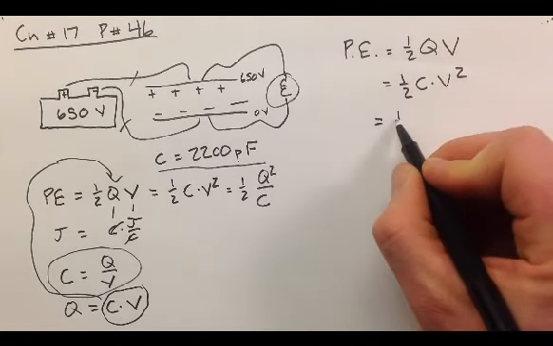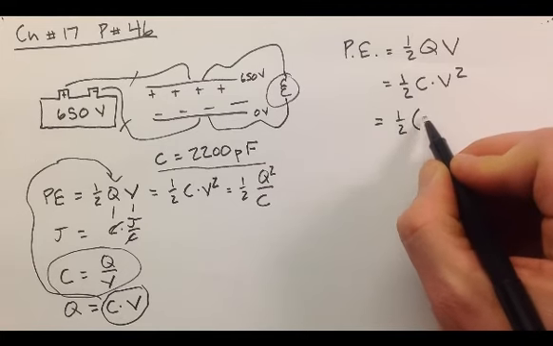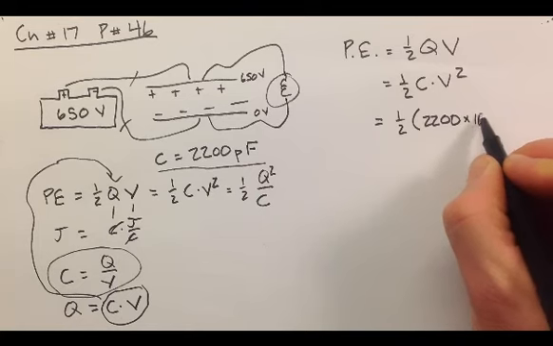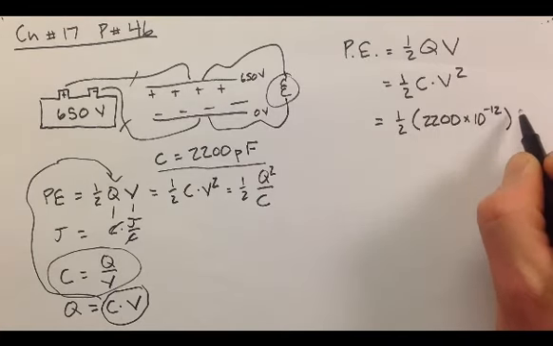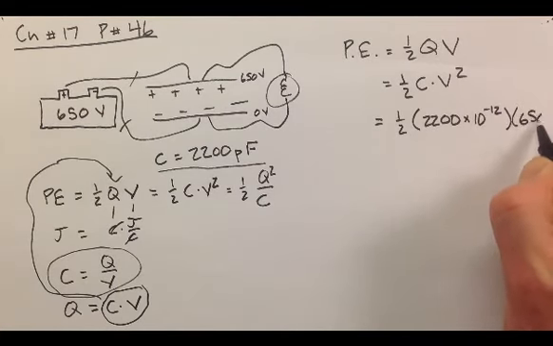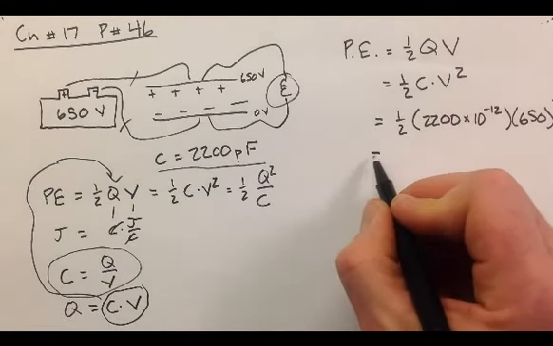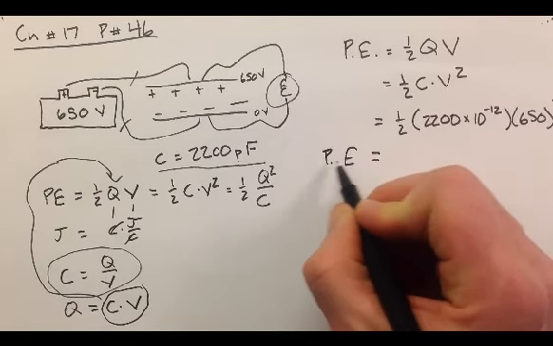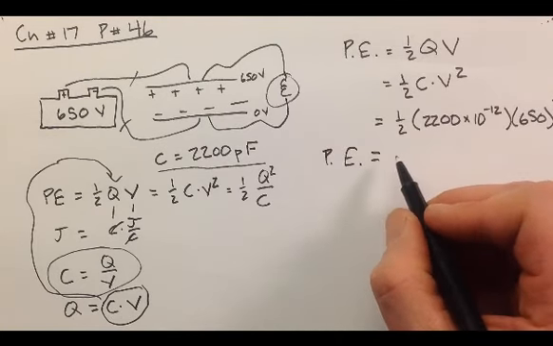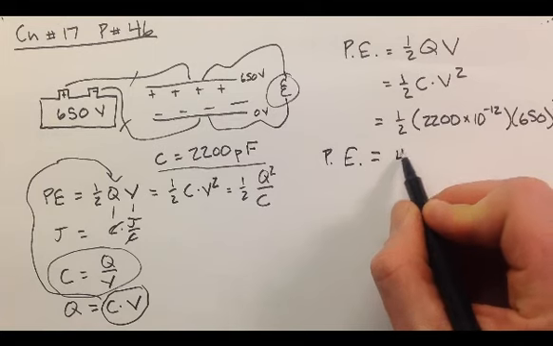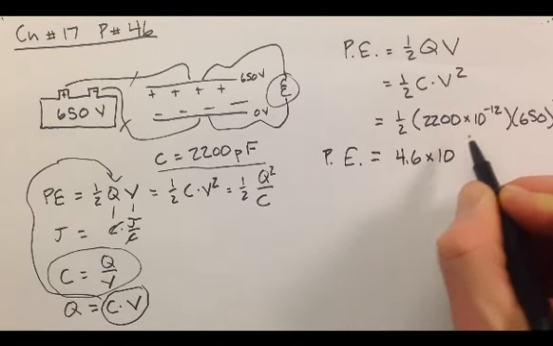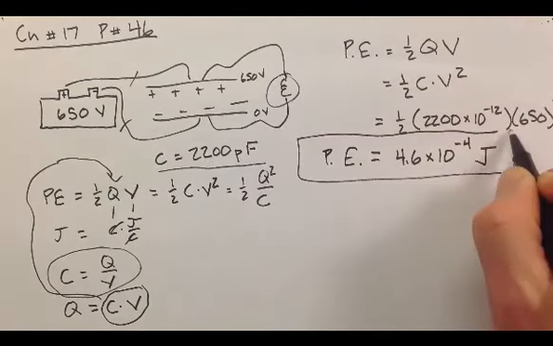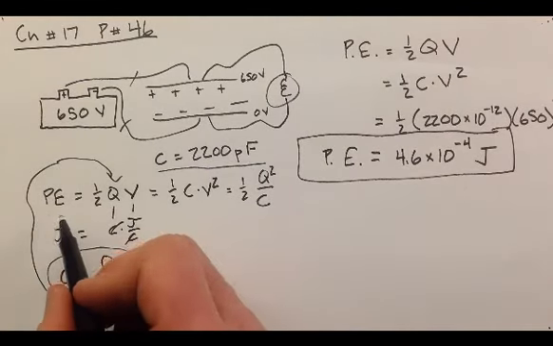In this case, that is 1/2 times 220 picofarads, which is 10 to the minus 12 farads, times 650 squared. If we plug that all in, we get that the potential energy stored on that capacitor is 4.6 times 10 to the minus 4th joules. So there you go, physics students.